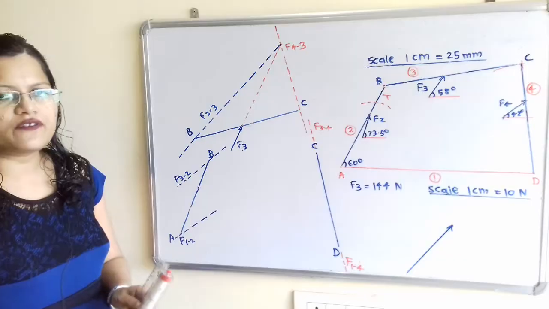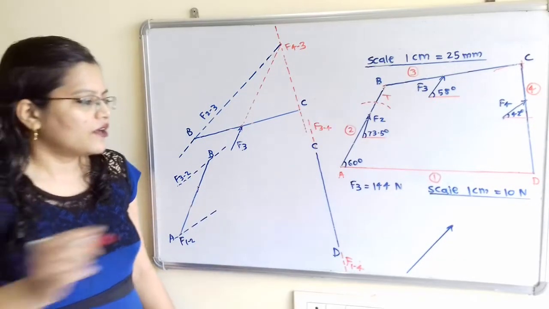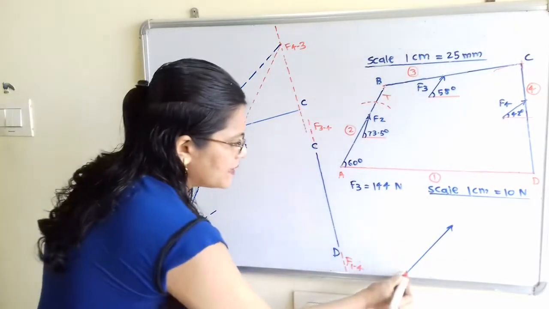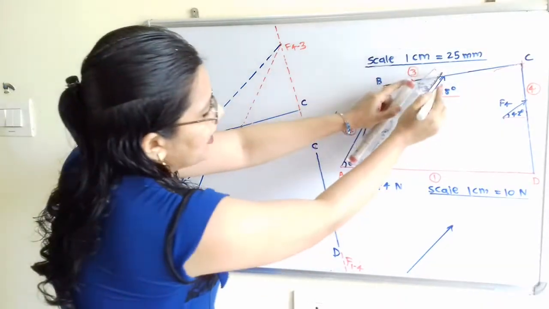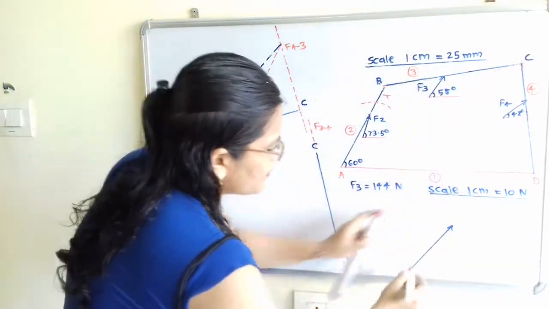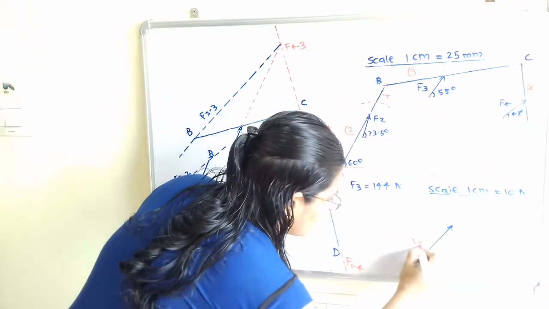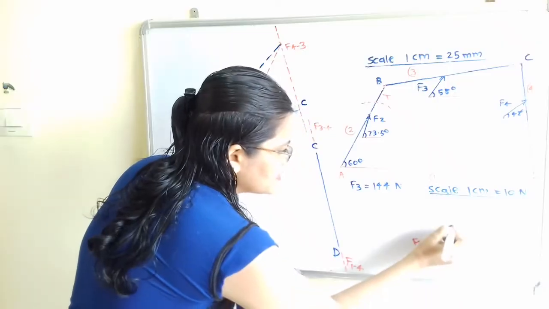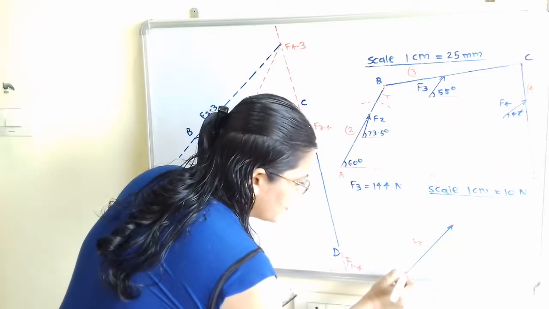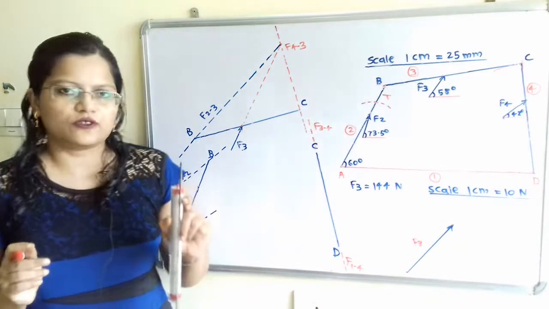So we will draw here force F3 with 14.4 centimeter and the same direction. So we will transfer this direction of force F3 here, and this is the force F3, which is 14.4 centimeter. So this is the head of this force F3 and this is the tail of this force F3.